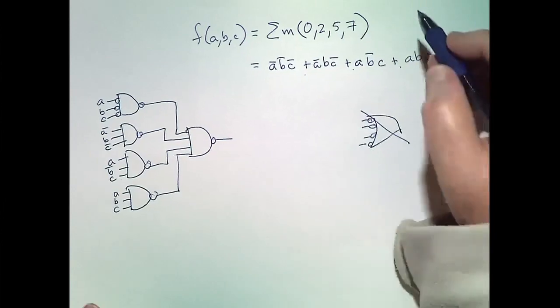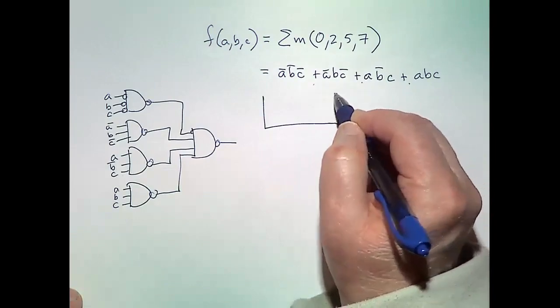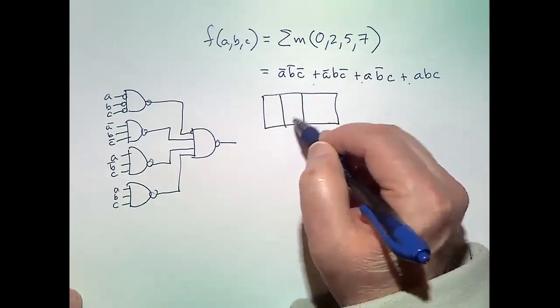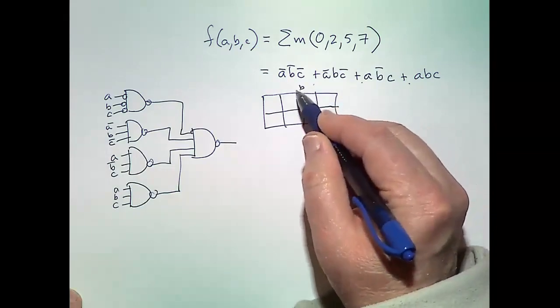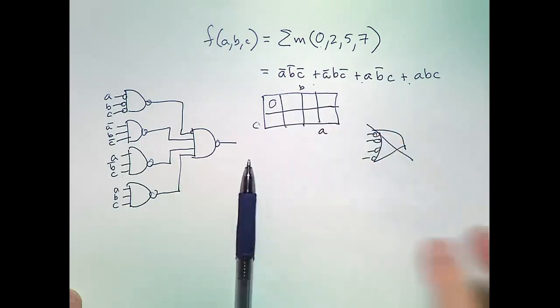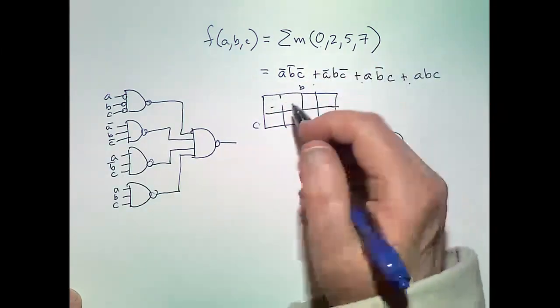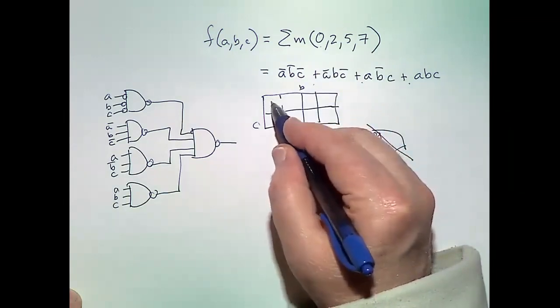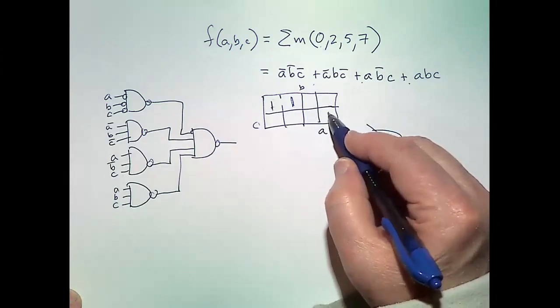The other thing, of course, you could have done, and you would have saved a little bit of ink maybe, is to pull out your old K-map. Let's see, 0. What am I doing? This is minterm 0, so we put a 1, 2, 5, and 7.